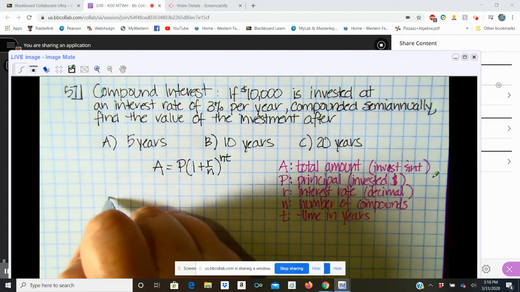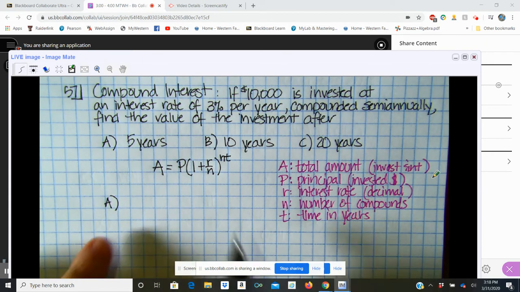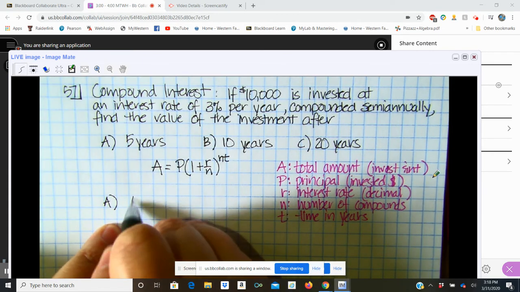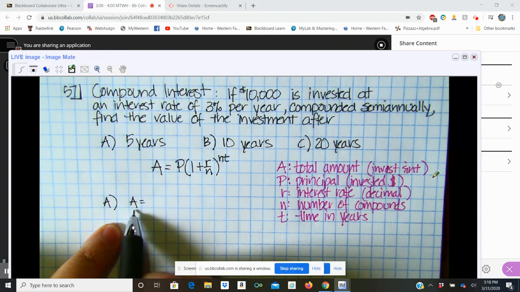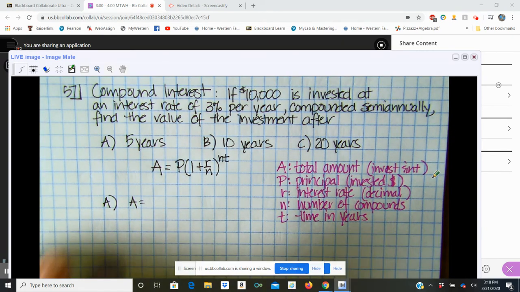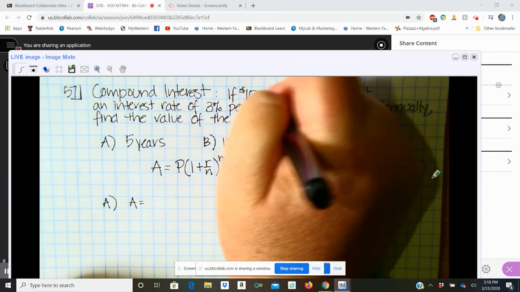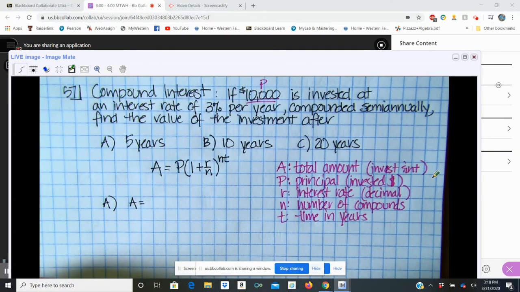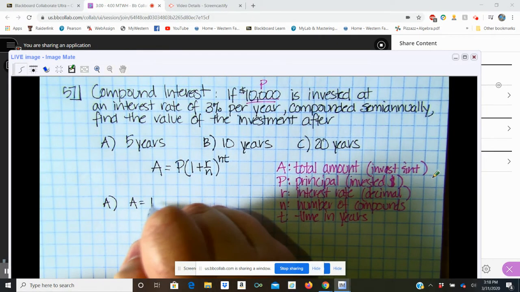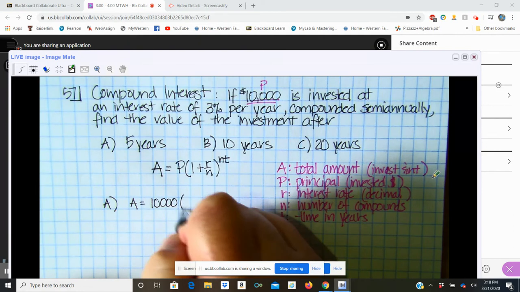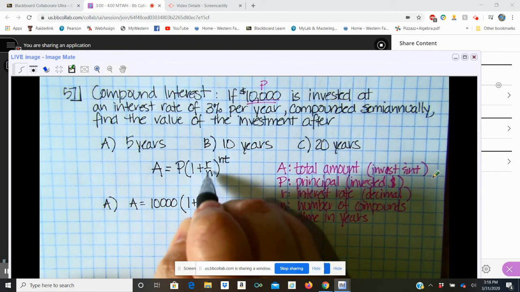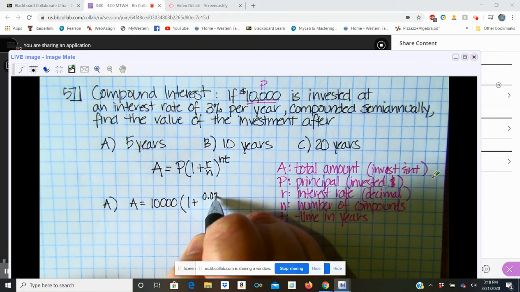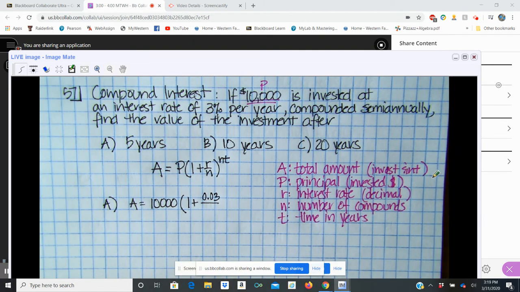Okay, so for part A, we're finding the amount. Our principal is the amount of the initial investment. That's our $10,000. 1 plus our interest rate is 0.03 as a decimal.